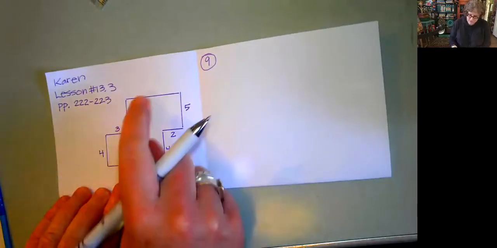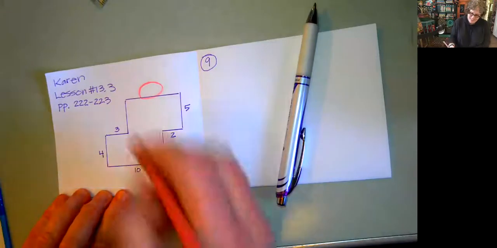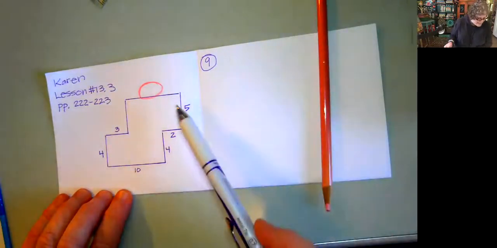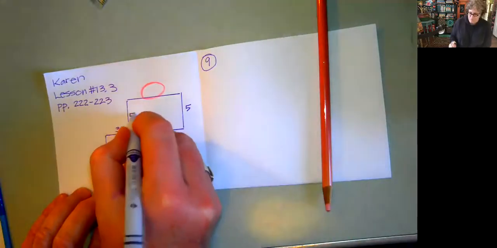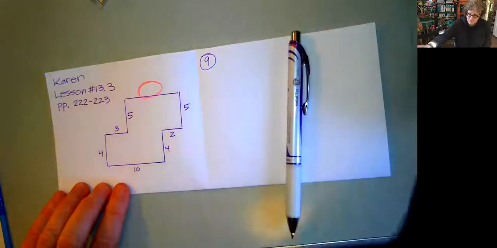We don't know this top length, so that I don't know. And also, we know that if this is 5, this is the same length, so this is 5. So I think we have everything else under control.